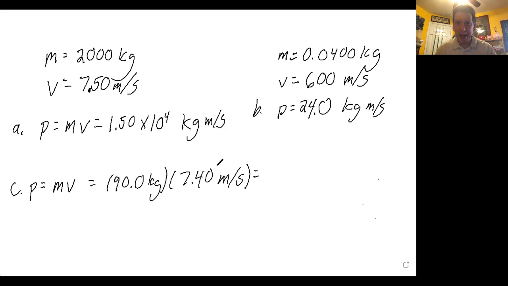His momentum is 666. Whoever wrote this problem has an odd sense of humor, meters per second. So these are basic three examples. Again, momentum is equal to mass times velocity. So let's keep going then.